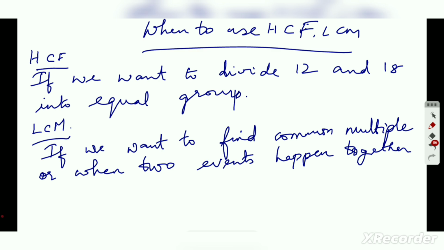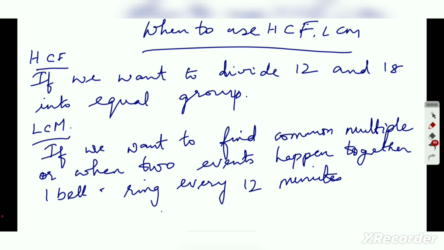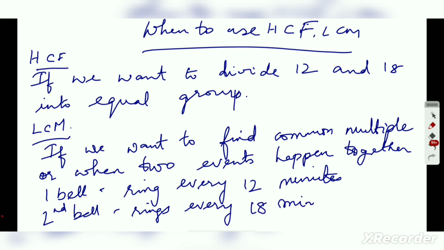Suppose one bell rings every 12 minutes and another bell, the second bell, rings every 18 minutes. If I ask you to find out when these two bells ring together, you have to find out when both bells ring together.